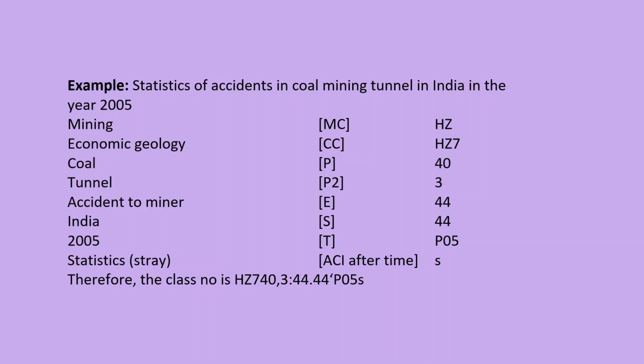Here, following the rules, we get the notation capital H capital Z 740 comma 3 colon 44 dot 44 apostrophe capital P05, and finally the ACI small s for statistics. You are instructed to follow the rules for solving this problem, and here it is instructed to see chapter 8 of the rules.